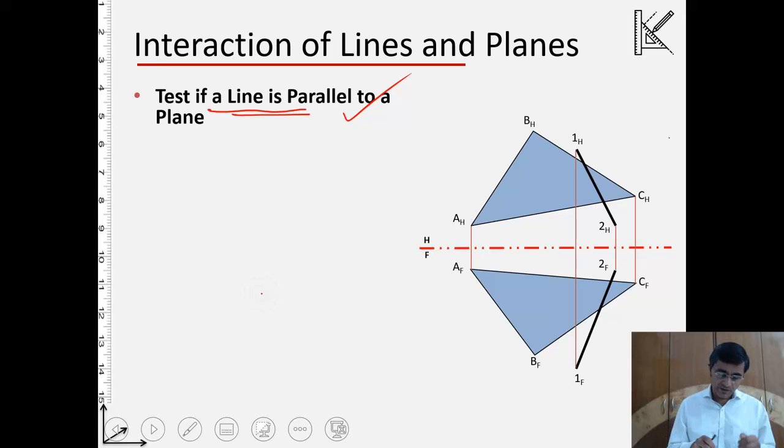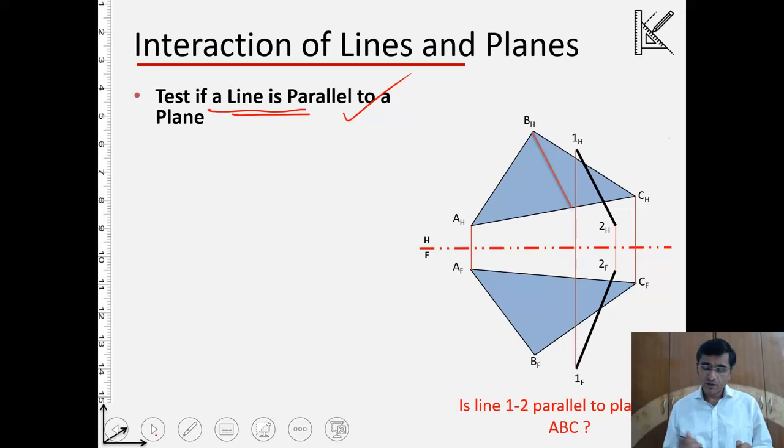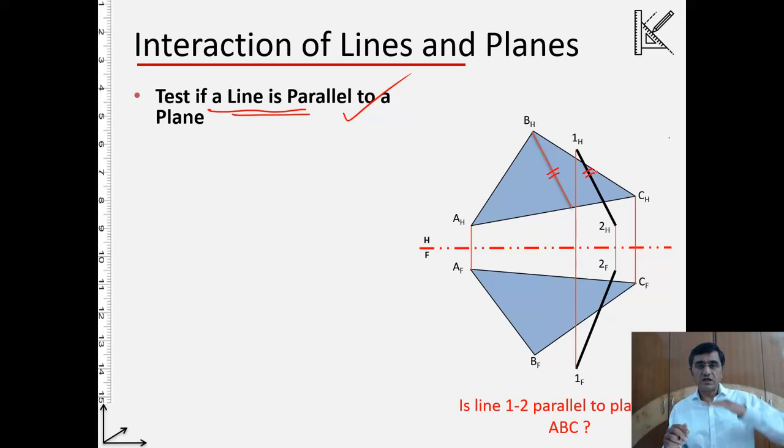Alright, another way of solving this is as follows. On the horizontal, I draw a line from B which is parallel to 1, 2. So 1H, 2H is the projection of the line on the horizontal plane. I'm drawing on the same horizontal plane from point B a line parallel to that.